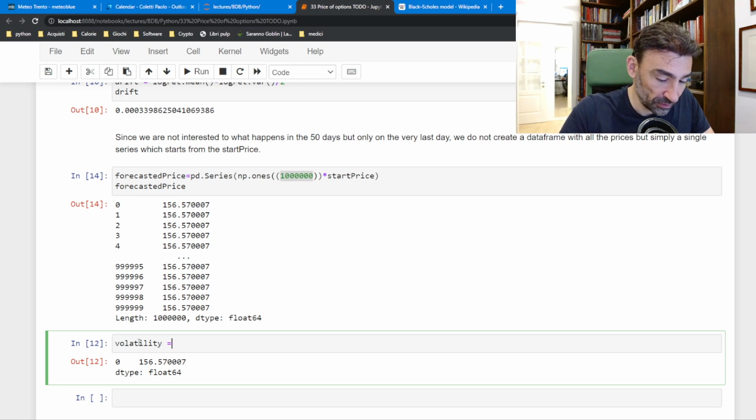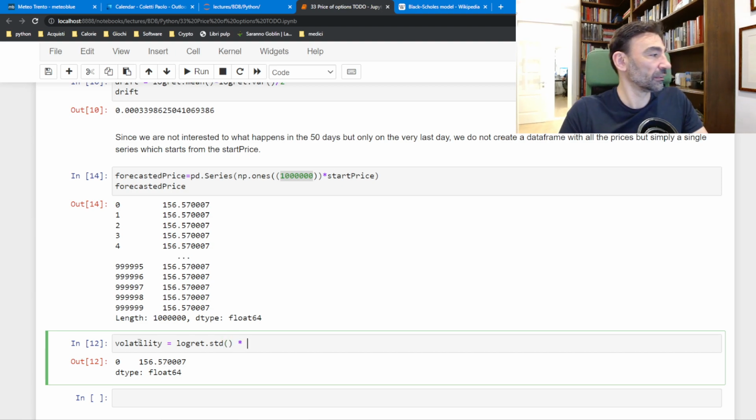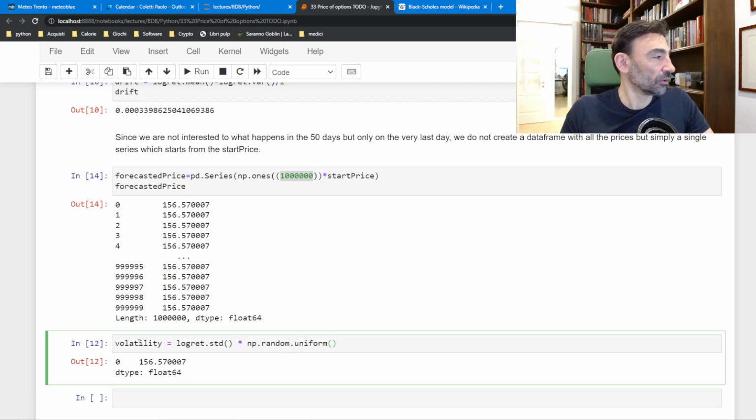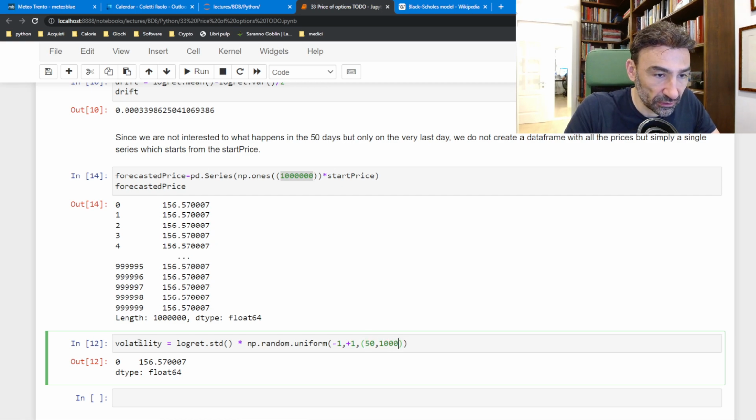which will be log ret std, as usual, times a uniform distribution, between -1 and +1, with 50 times 100,000.